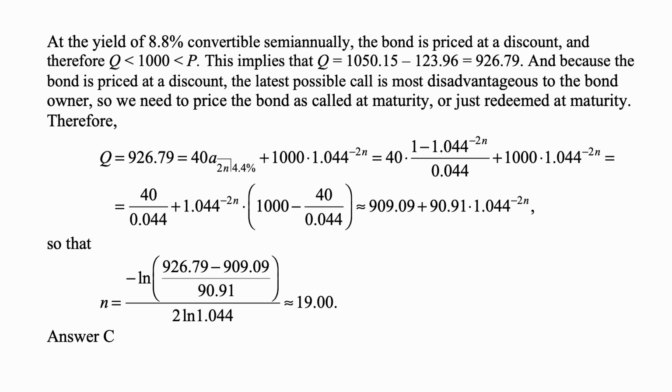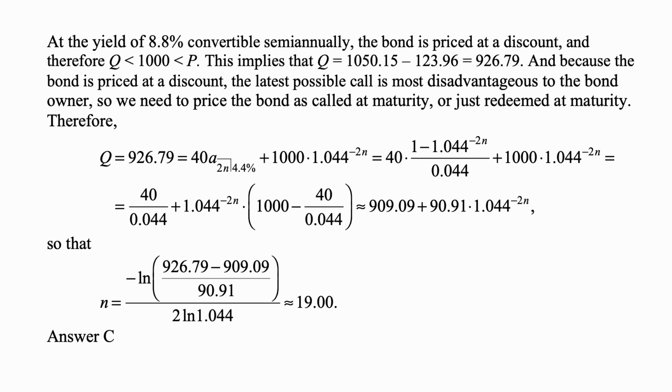This implies that Q is equal to 1050.15 minus 123.96 because we are told that the absolute value of the difference between P and Q is 123.96, and that absolute value of the difference between P and Q is actually just P minus Q because P is bigger. And therefore Q is equal to P minus that 123.96, which is 1050.15 minus 123.96. And that's equal to 926.79.